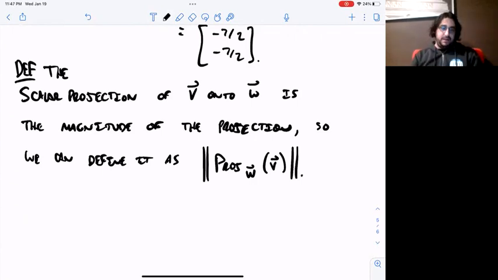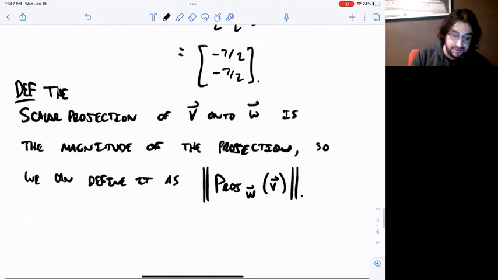That's a perfectly good way to define the scalar projection, right? It's the scalar, the number, who is defined to be the magnitude of the projection.